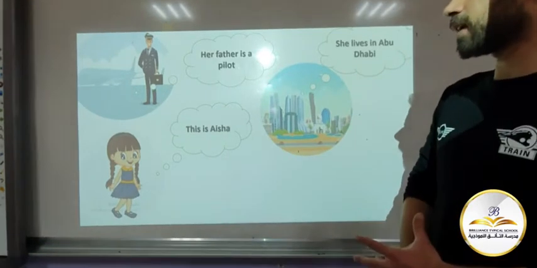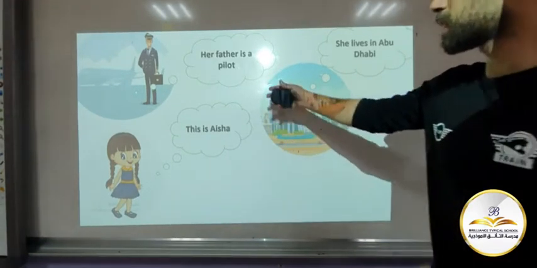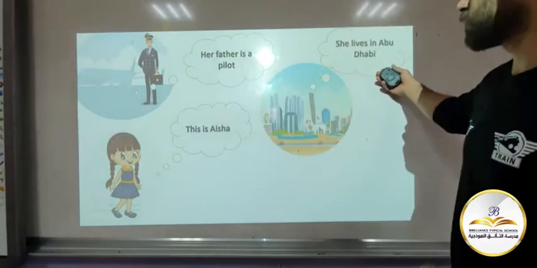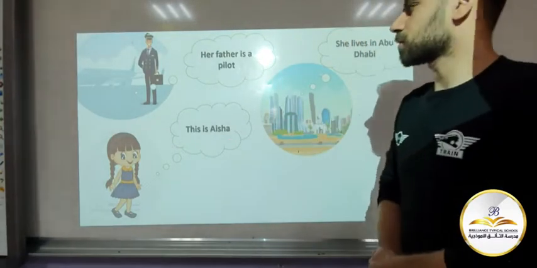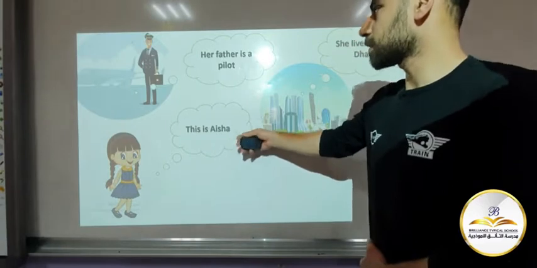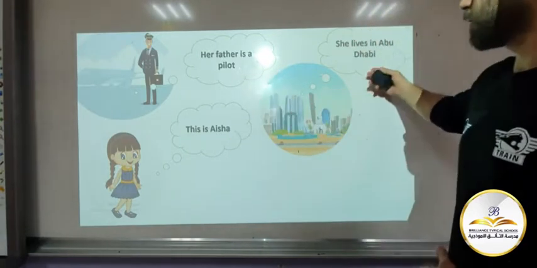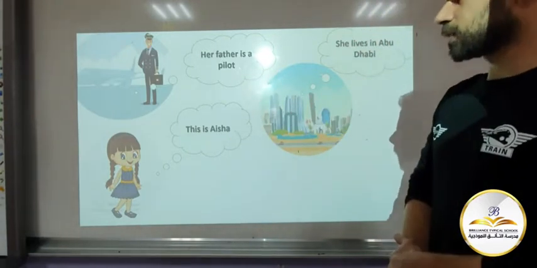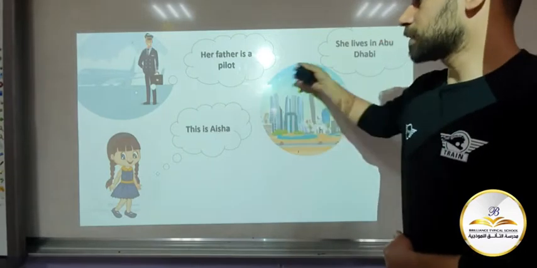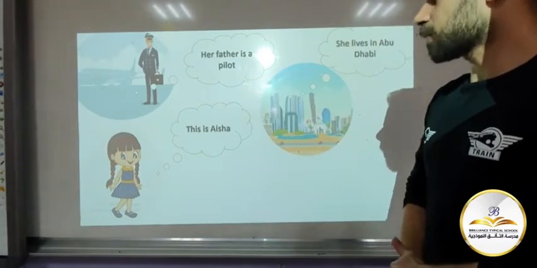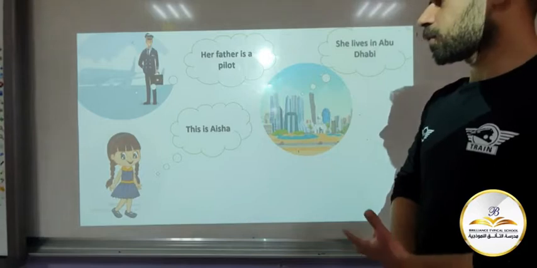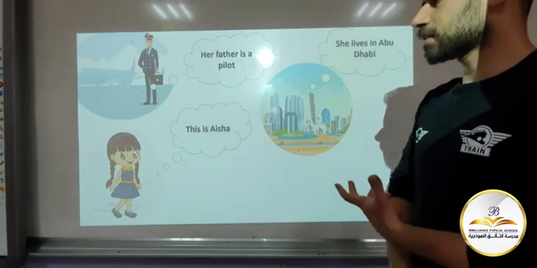Can you find a way to mix all of this information in one structure? Here we have a sentence, and here we have a sentence, and here we have a sentence. So these are three simple sentences. Can we mix them to make one complex structure?